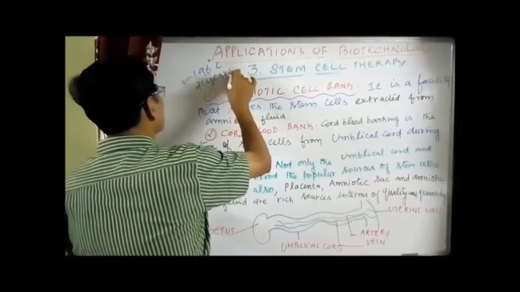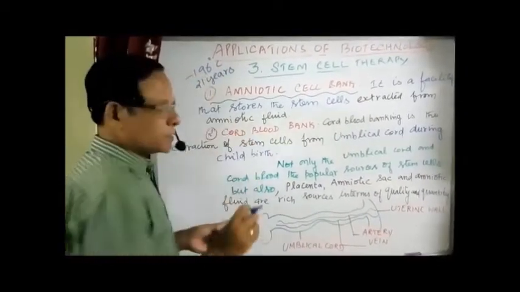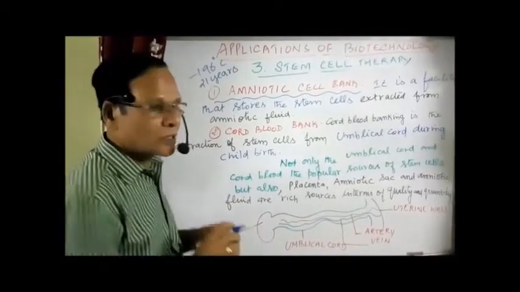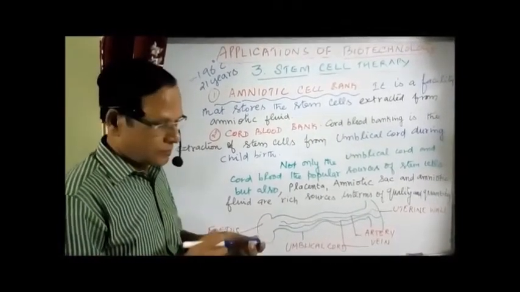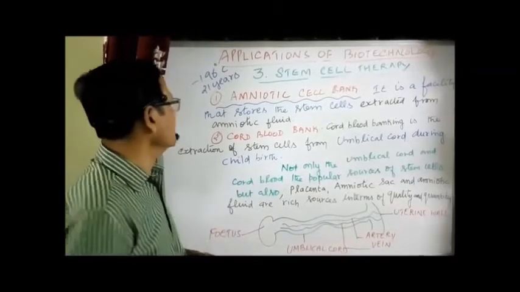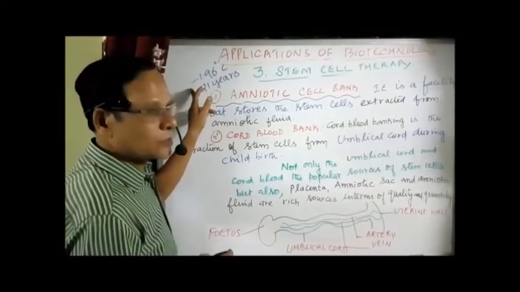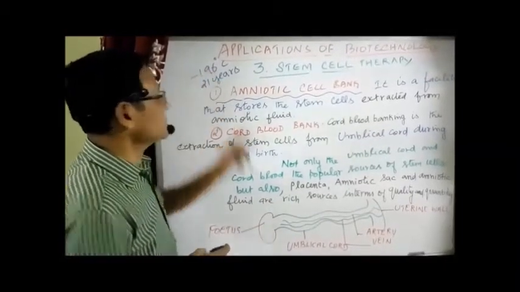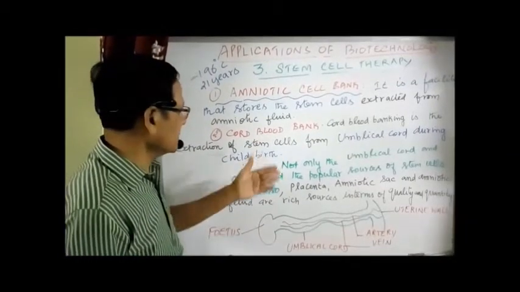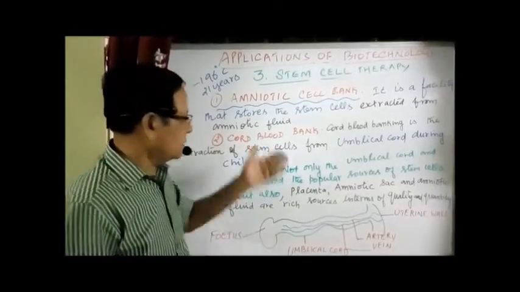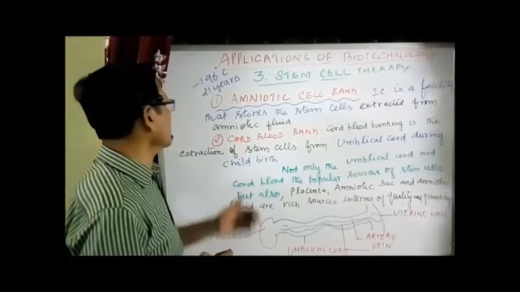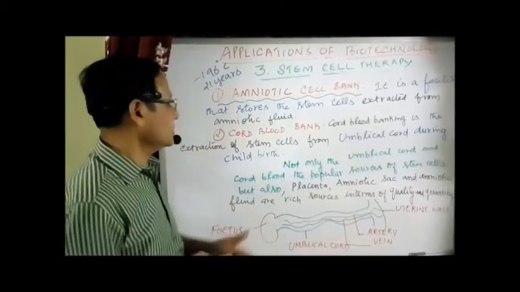After 21 years, you can take a stem cell from that and produce the entire organism because it is a totipotent cell. So the stem cell from the umbilical cord can be stored in banks at minus 196 degrees Celsius for about 21 years.